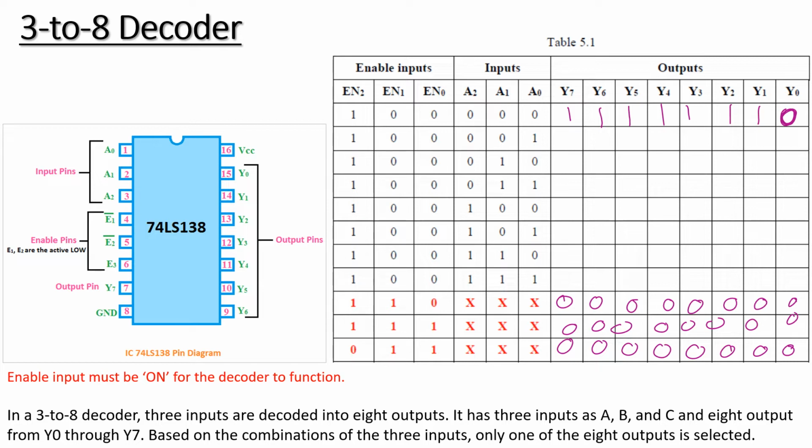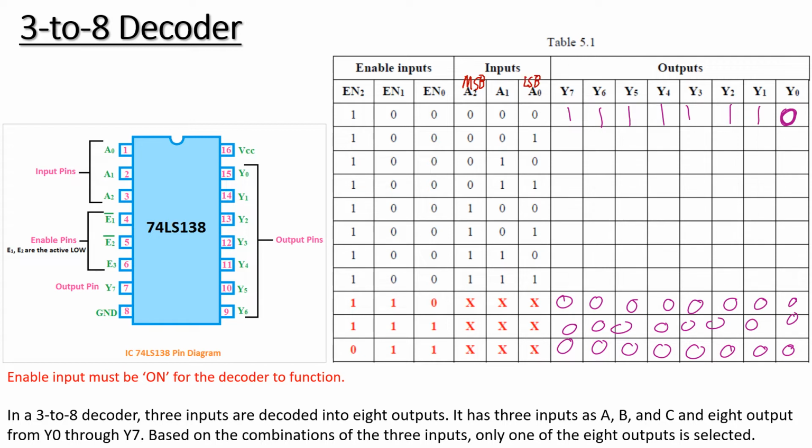In a 3 to 8 line decoder, there are a total of 8 outputs, from Y7 until Y0, and they have 3 inputs, A2, A1 and A0, where A2 is the MSB, the most significant bit, and A0 is the least significant bit.